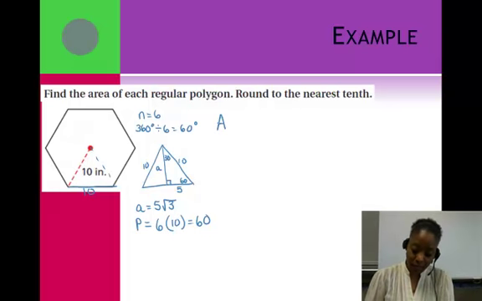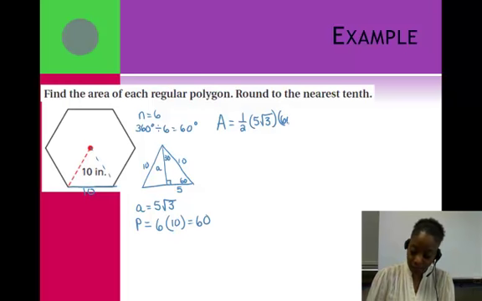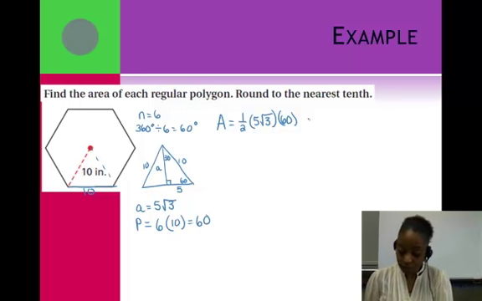And now we can find our area. Area is equal to 1/2 times the apothem, which is 5√3, times our perimeter. If that's 5, then that's 10. Yeah, I did that right. So that's 60. I think it's going to be 150√3: 5 times 60, and then divided by 2.